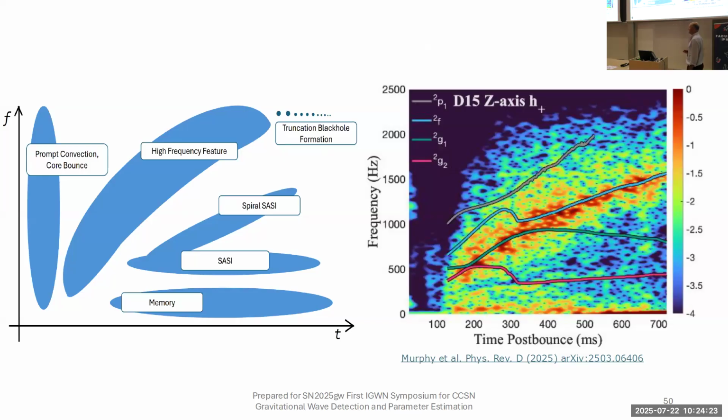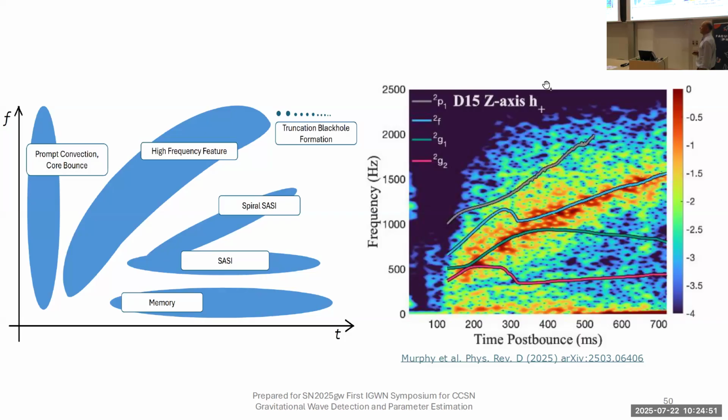I think at this conference there are presentations involving almost all of them. I think Vincente and Zidu will talk at least about this one. I know Daniel is talking about this one, Coulter. And I think Sophia has a poster on the prompt convection, two presentations on the core bounce, and I think Fornes is probably talking about this one.